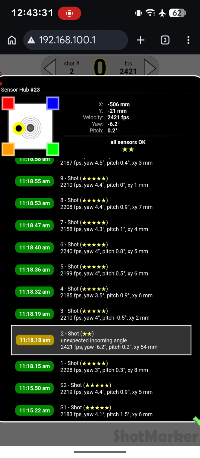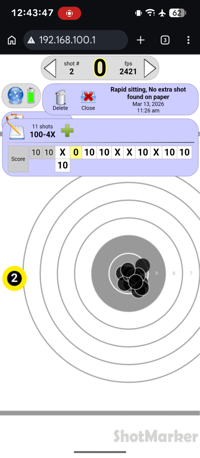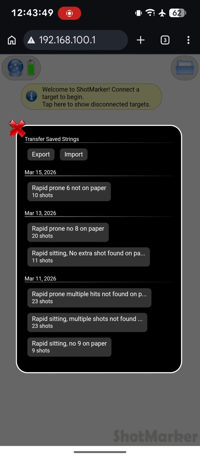It has a 2-star quality rating. All 4 sensors fired, but the velocity is outrageous. The yaw angle is very different. This is clearly a problematic shot. So let's look at another one.